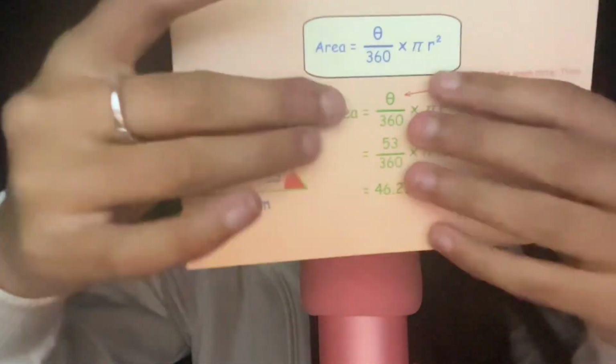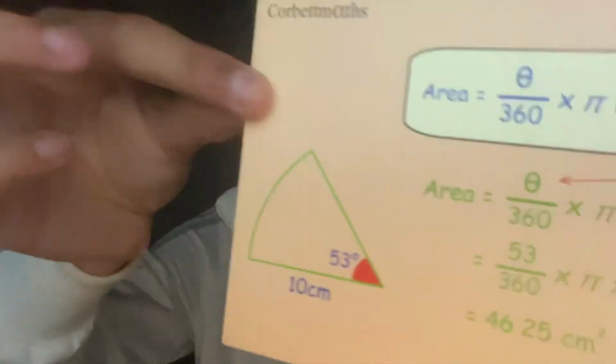Next we have, what should we do next? Let's not do an angles card. Let's do something fun. Okay, the area of a sector. So a sector is just a part of a circle.